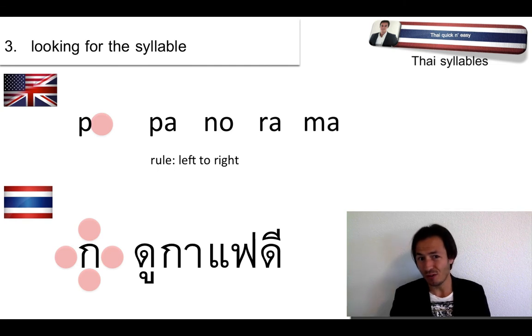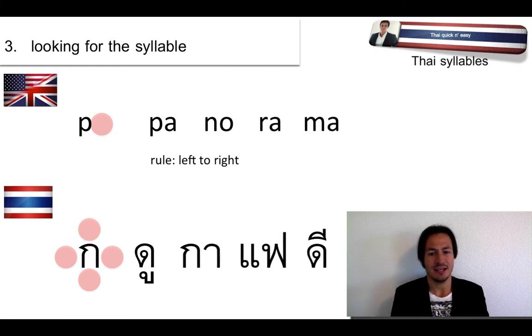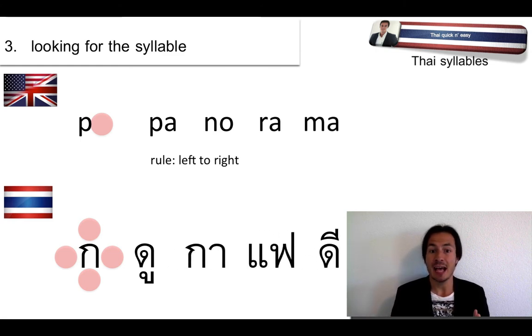And if you are familiar with the consonant writing and the vowel writing in Thai, which is basically the only thing you have to know in order to get familiar with Thai language, then you can take this sentence apart and divide it, as we did in English above, into different syllables.